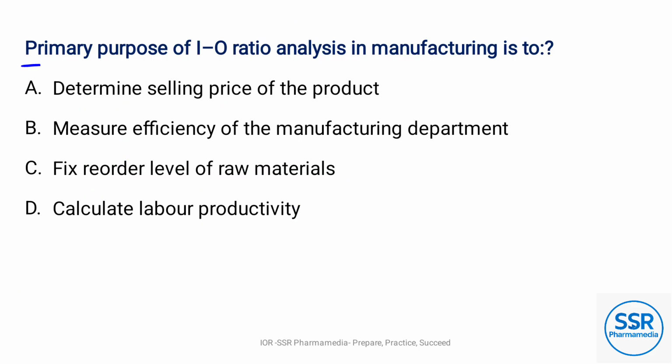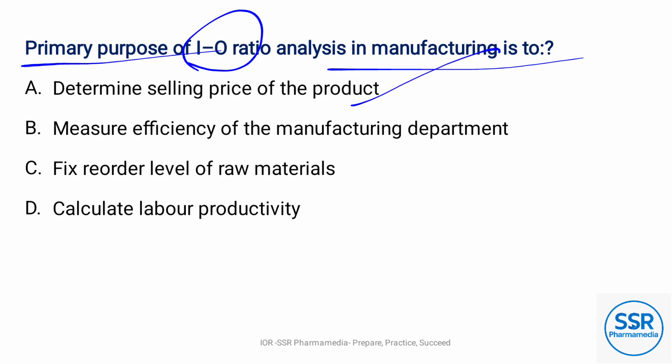The first question: the primary purpose of input-output ratio analysis in manufacturing is to: option A, determine selling price of the product; option B, measure efficiency of the manufacturing department; option C, fix reorder level of raw materials; option D, calculate labor productivity.